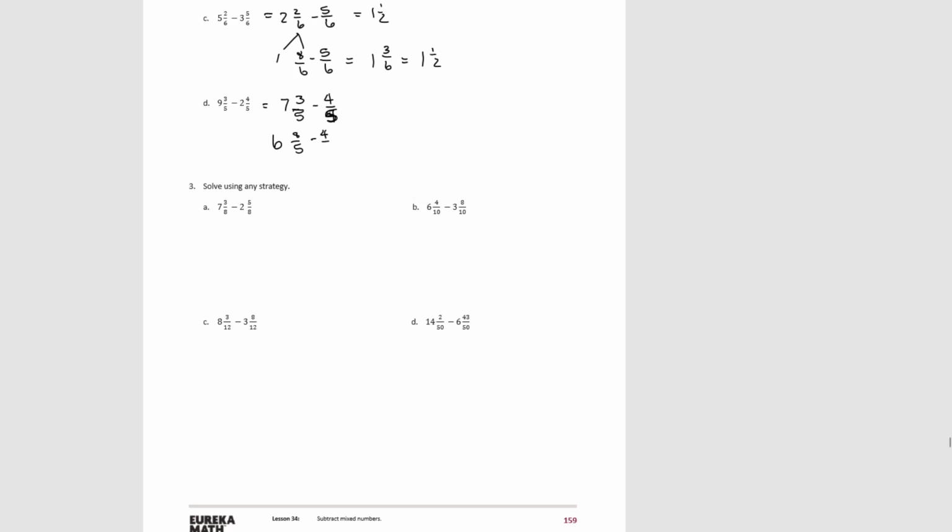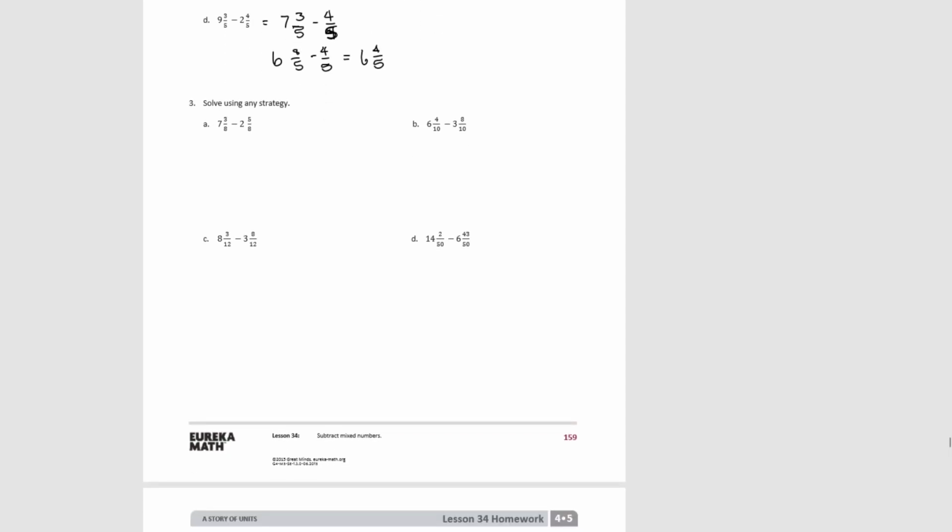Minus 4/5 equals 6 4/5. Moving on to 3, again, we're subtracting mixed numbers. We can use whichever strategy works for you. Try A.